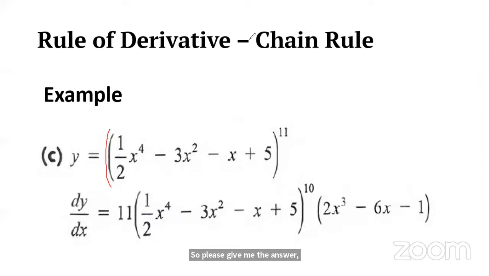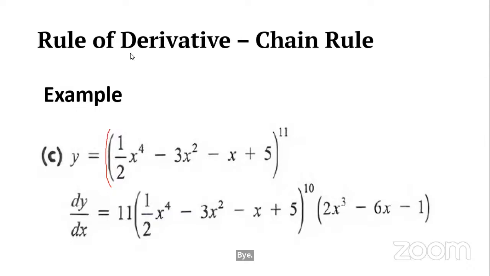Okay, so with the first step, we place the whole function, that is the half x raised to the power 4 minus 3x squared minus x plus 5, brackets closed, 11, and then we place all that in brackets and then prime, and then we multiply it by what is in the bracket, that is a half x raised to the power 4 minus 3x squared minus x plus 5, also prime.